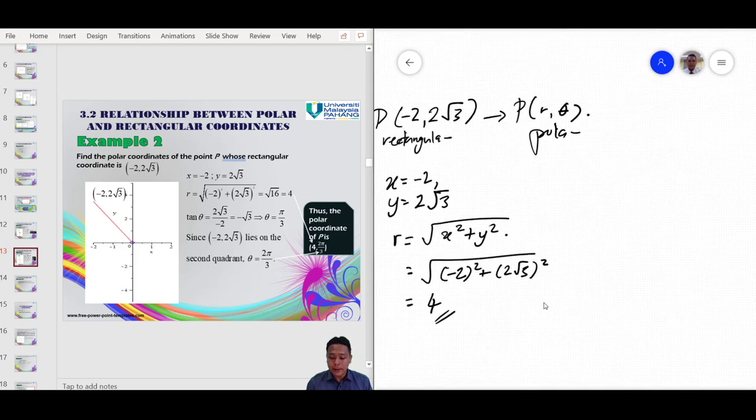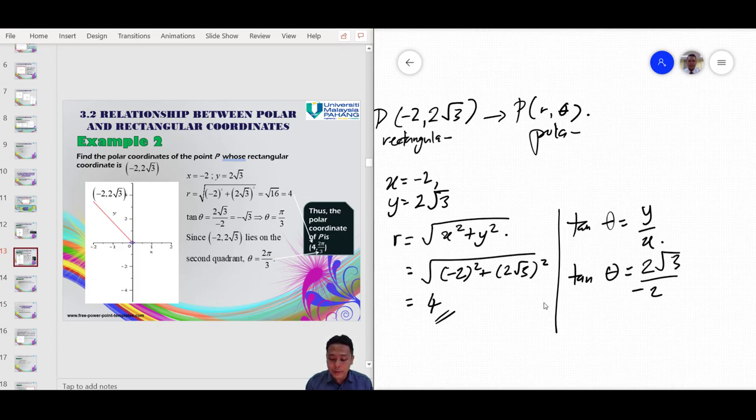Whereas the angle theta is given by tangent theta equals y over x. So tangent theta right now, let me write it, 2 square root 3 over negative 2.